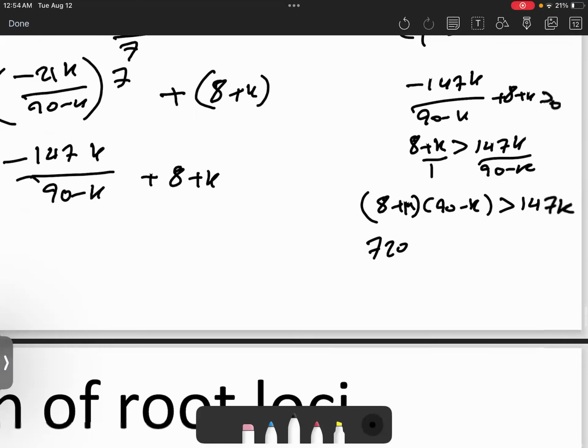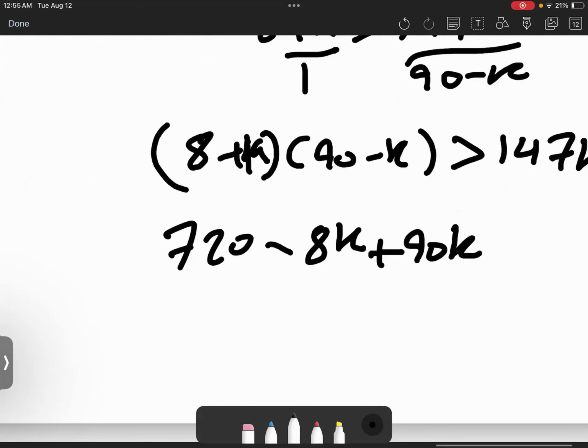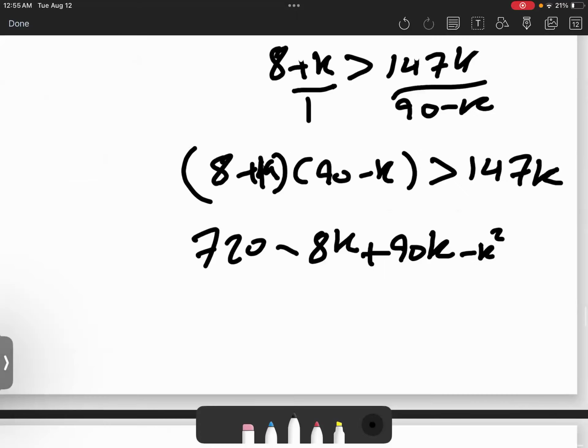Then the next thing is k minus 90, so plus k times 90, which is plus 90k. Then k times k, which is negative k squared, must be larger than 147k. Move 147k to the other side. This is a quadratic equation. And we can move k squared to the other side as well.